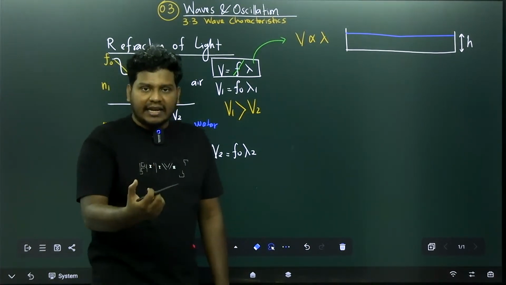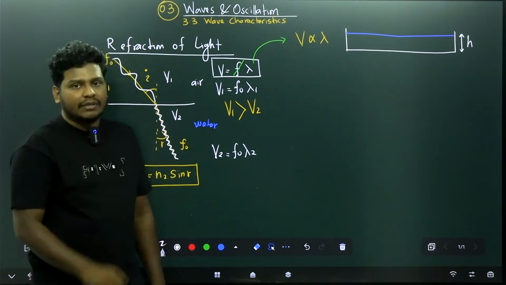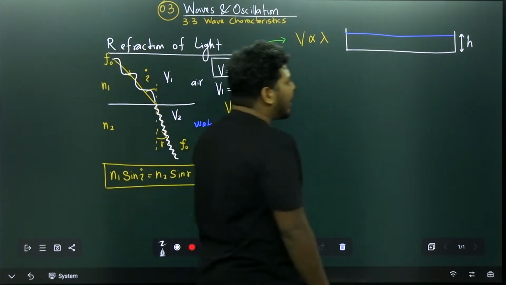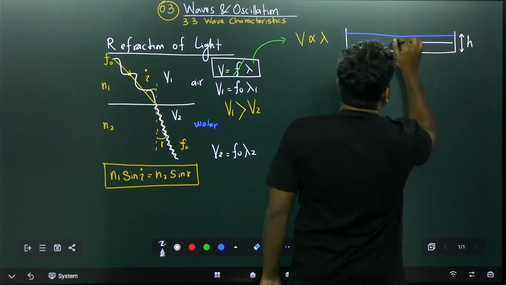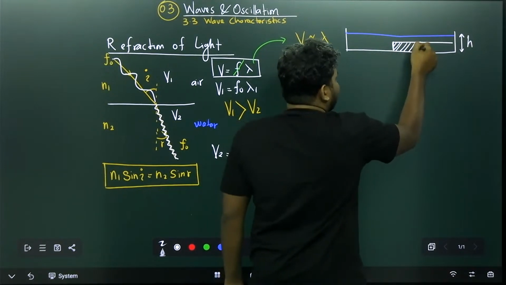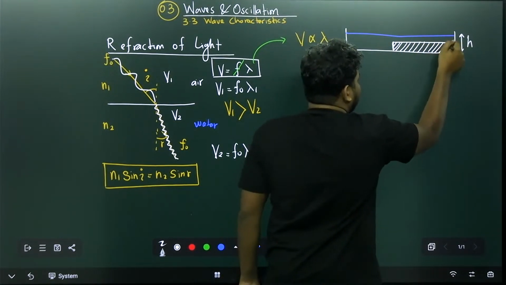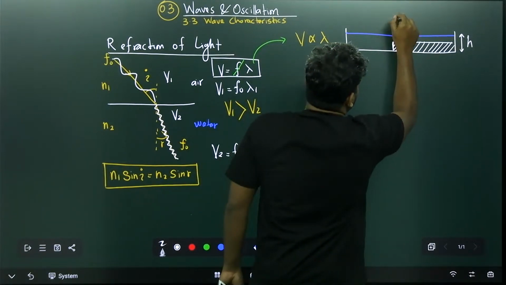That's very simple. You can change the height here, guys. So I'm going to change the height. That means I'm placing a small glass piece inside the ripple tank like this. So here, this is water now.